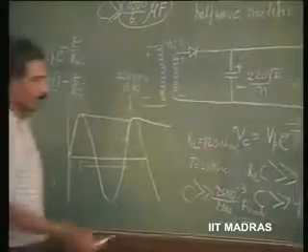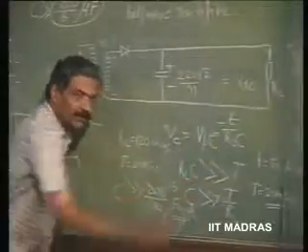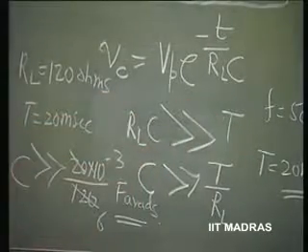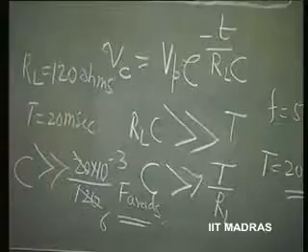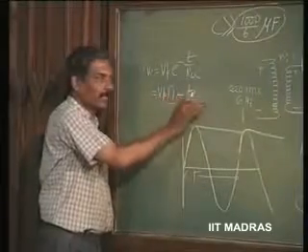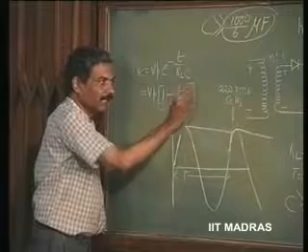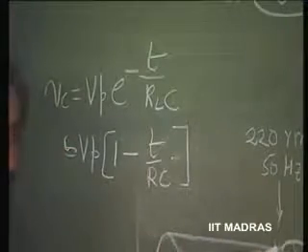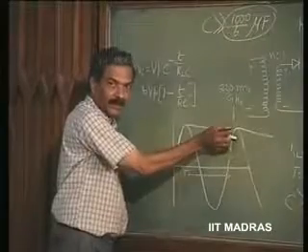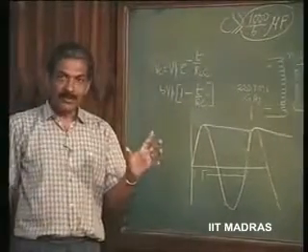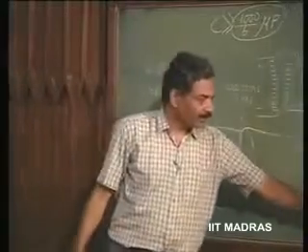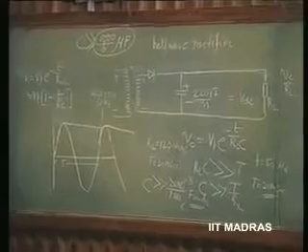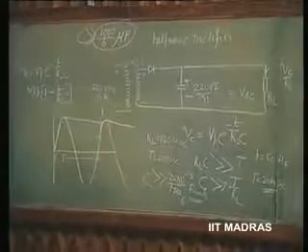T by RC is going to be much less than 1. 1 is going to be much greater than T by RC under the worst situation. So, this quantity is going to be extremely small. So, I can ignore all the higher order terms and assume that this is approximately equal to this. That means this is a linear decrease if the decrease is very small. So, in a sensible design, this can always be taken if this assumption is valid for a good capacitive filter.